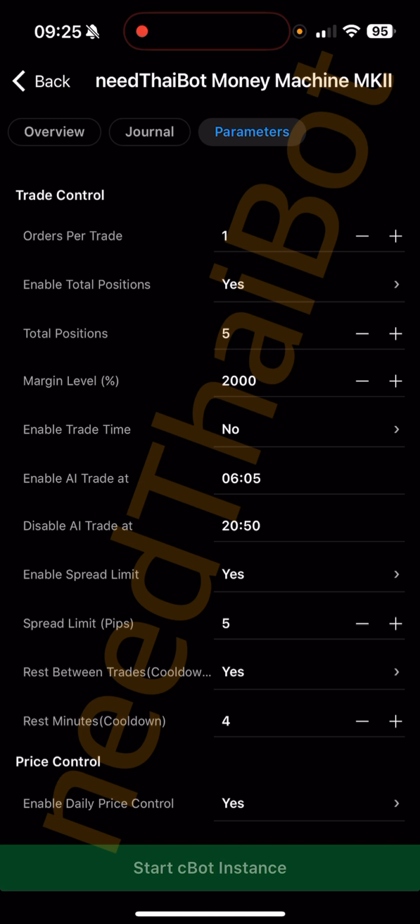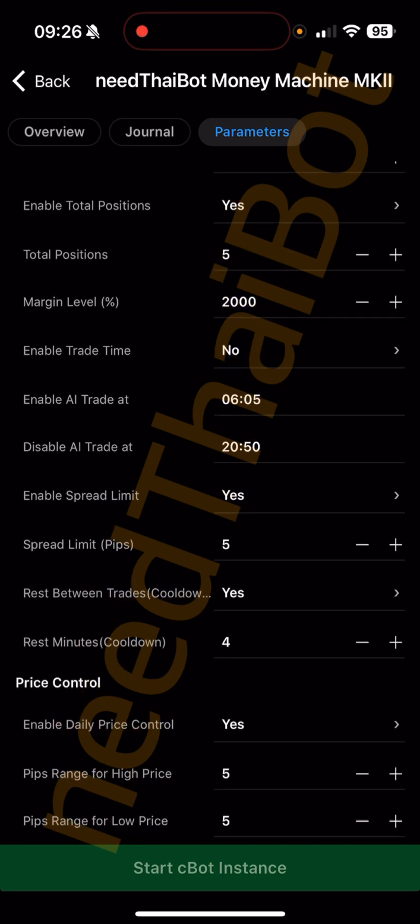Some people set it to 4000 or 5000%. So it's safer when you set the margin level higher, so the bot will not open the trade if you don't have enough margin. And to make sure, you need to calculate this one, because you need to make sure you have enough free margin to run the account. Yeah, so set up your margin level percent.